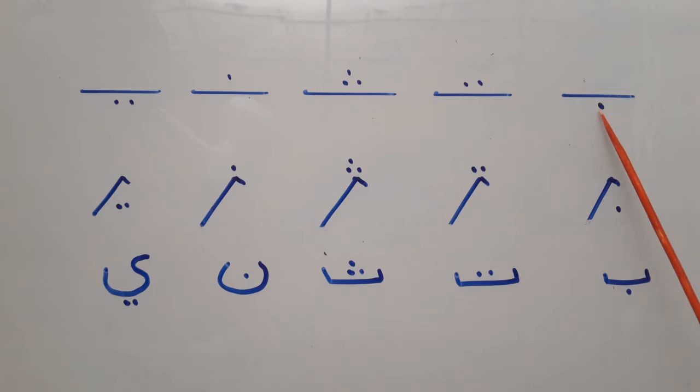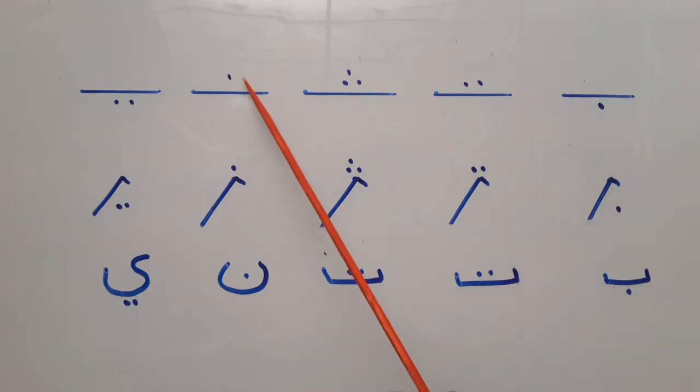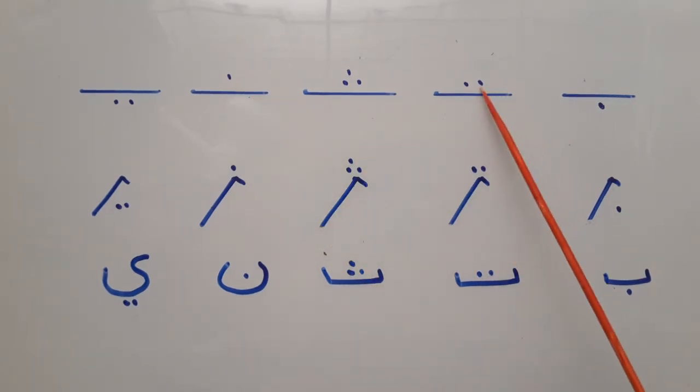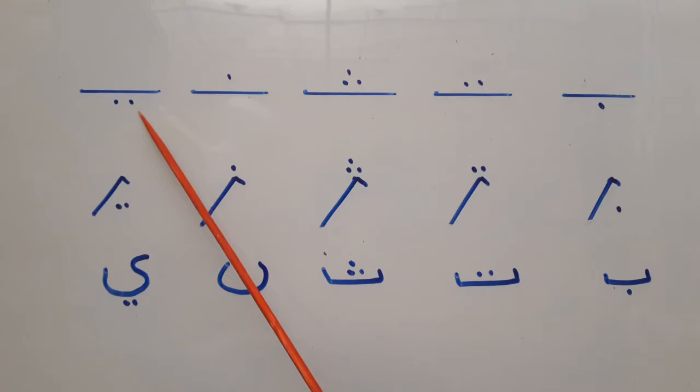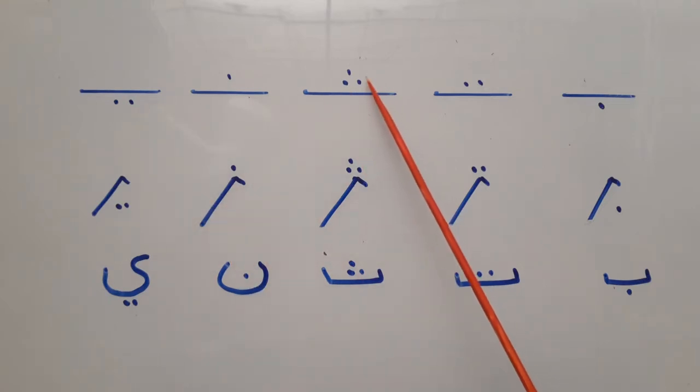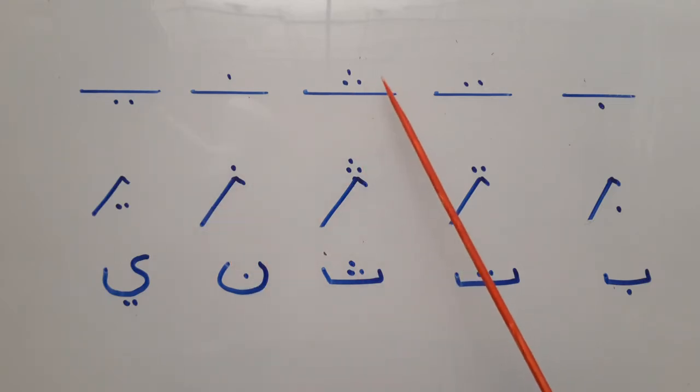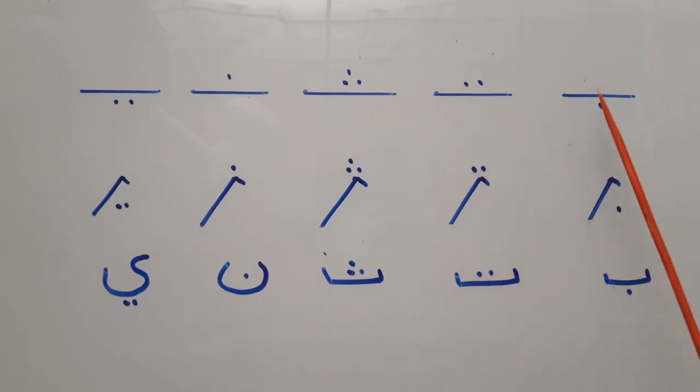You have one dot, you can have it either on the top or the bottom. For example, you can have two dots at the top, or two dots at the bottom, or you can have three dots at the top, and it just stops there. Okay, so you have five different options here.